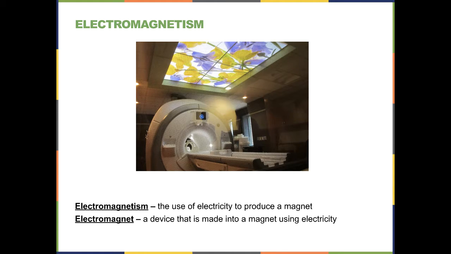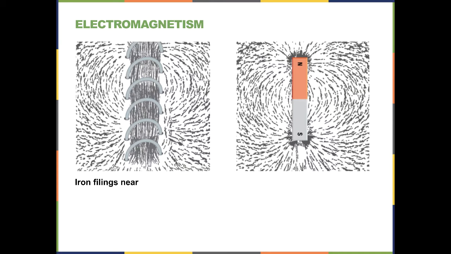A device that is turned into a magnet using electricity is called an electromagnet. Now, what you see here on the left are iron filings near a continuous loop of wire that has electricity passing through it. On the right is a bar magnet.